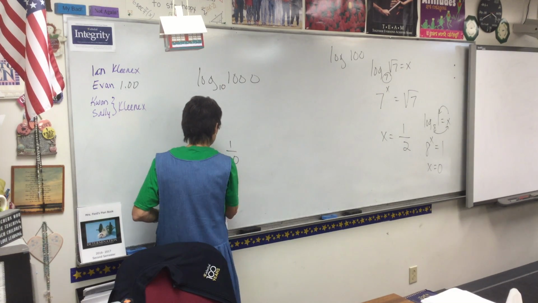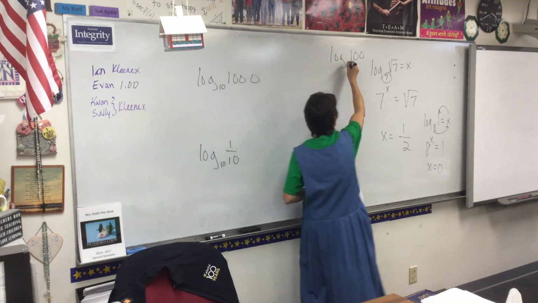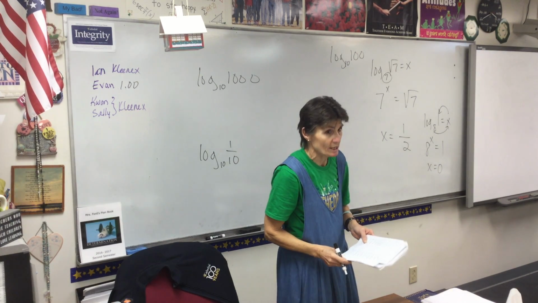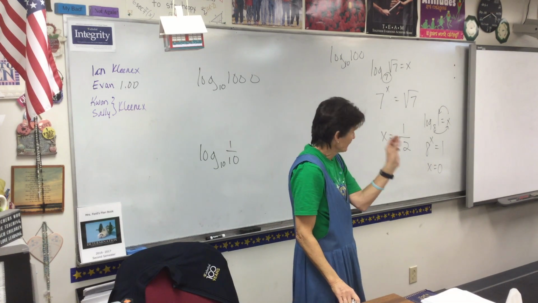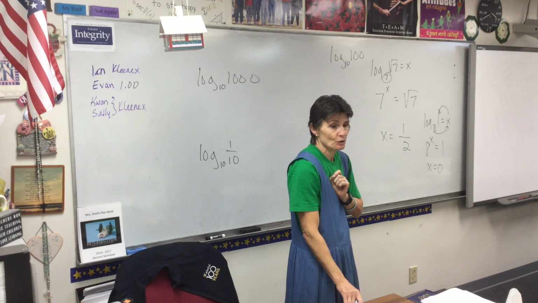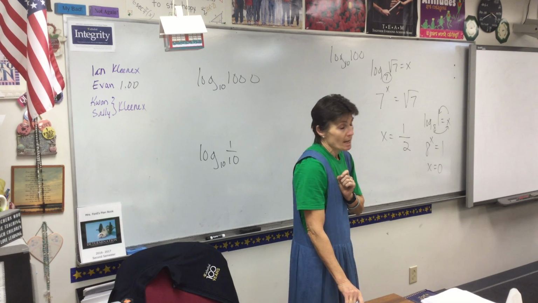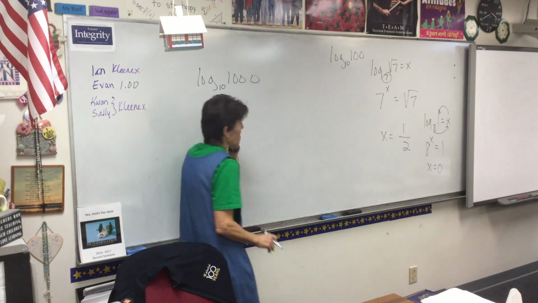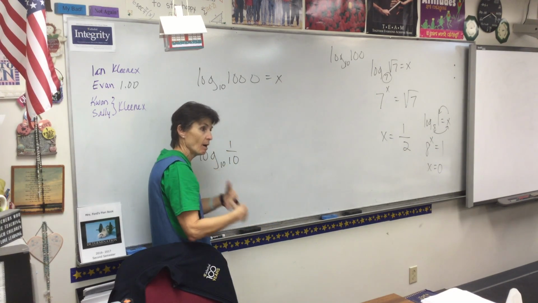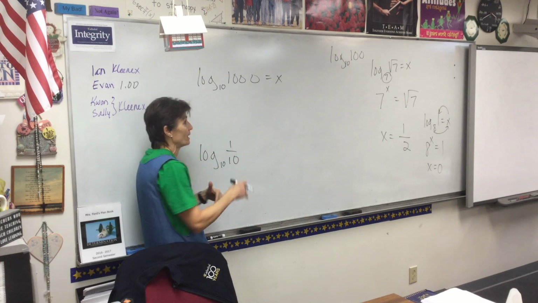This is an understood 10. Whenever you see the symbol LOG with no little number, no base number, that means it's an understood 10. And when I do my problems, I actually write the 10 in, because as soon as I do that, it becomes like all the ones we've already done.